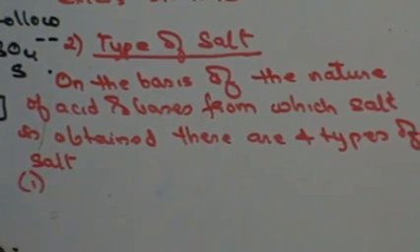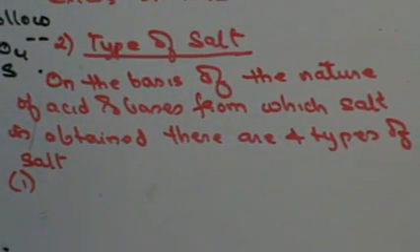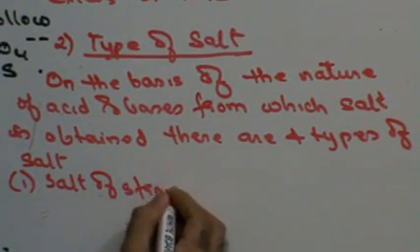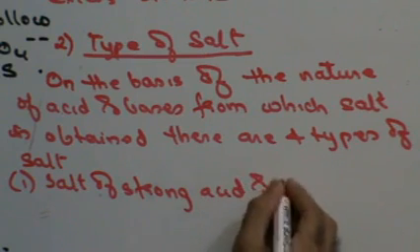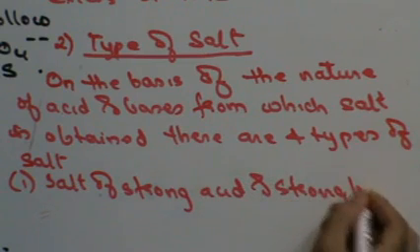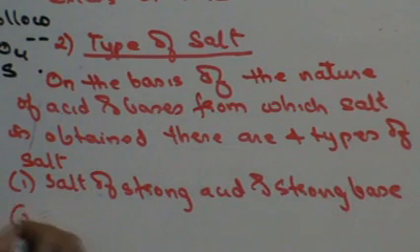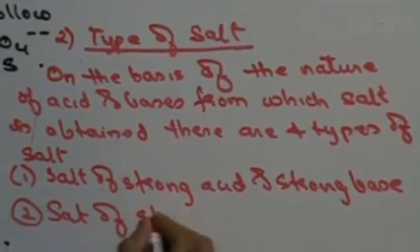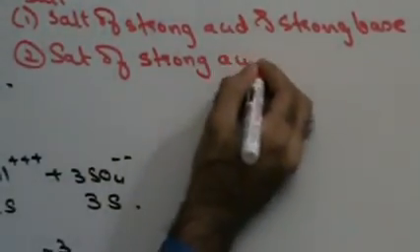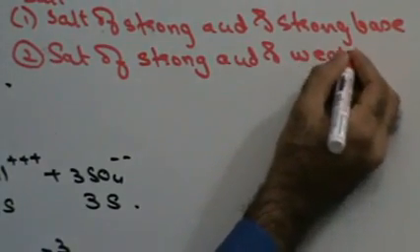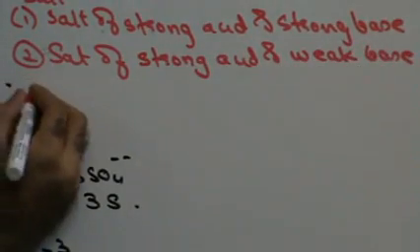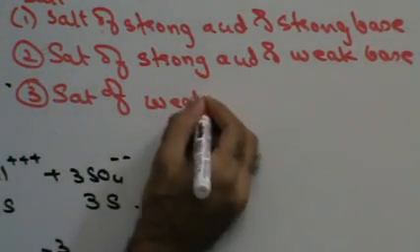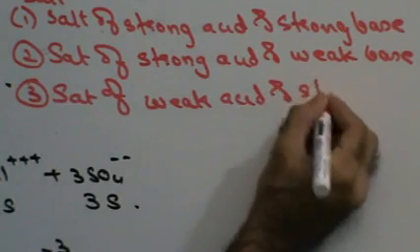The first is salt of a strong acid and a strong base. Second, salt of a strong acid and a weak base. Next, salt of a weak acid and a strong base.